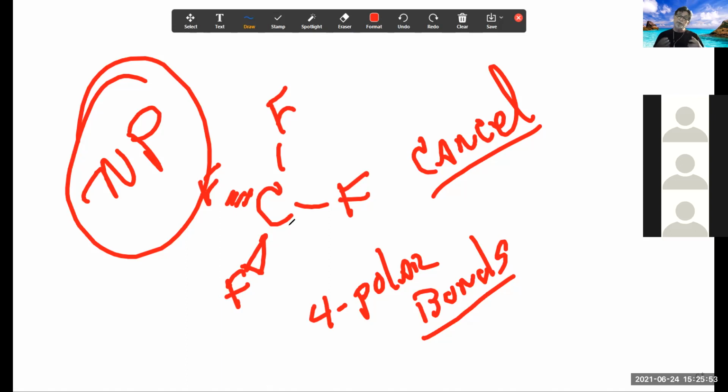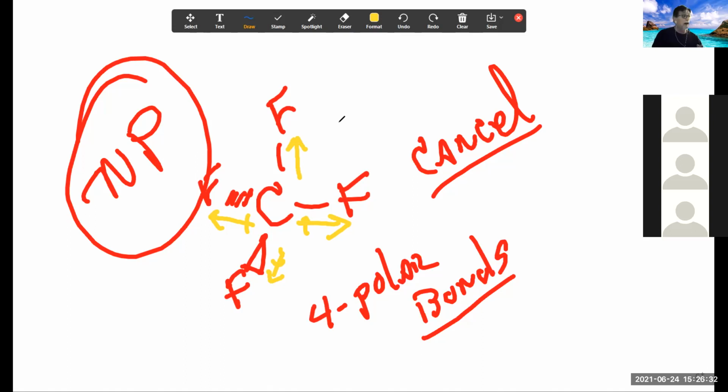So these are examples where you can have, like carbon dioxide, 2 polar bonds, but because they cancel each other out, all these cancel each other out, because there is a dipole going from the carbon to each of the fluorines. Due to the geometry of this, and we can go into the mathematics, but we're not going to do that, those 4 polar bonds geometrically cancel each other out because they all have equal polarity. Hopefully that helps.